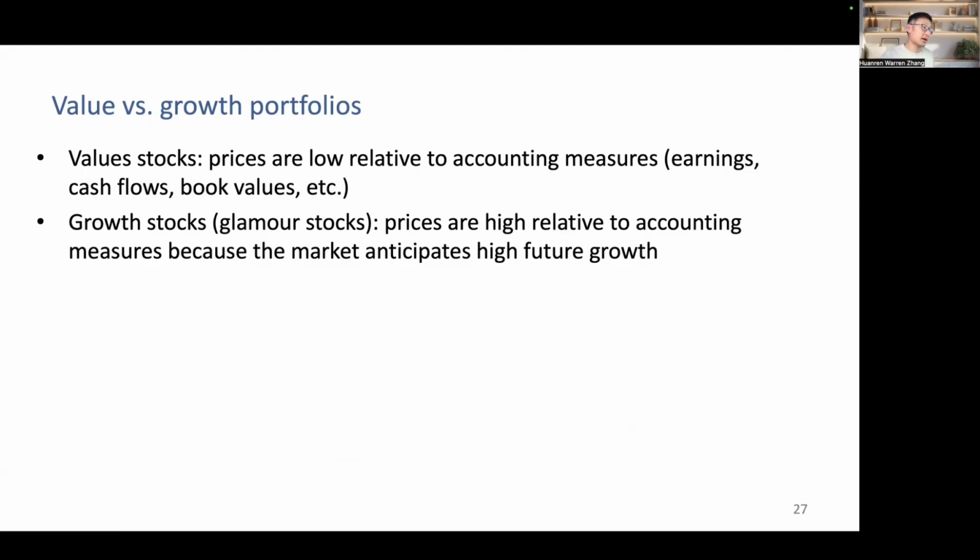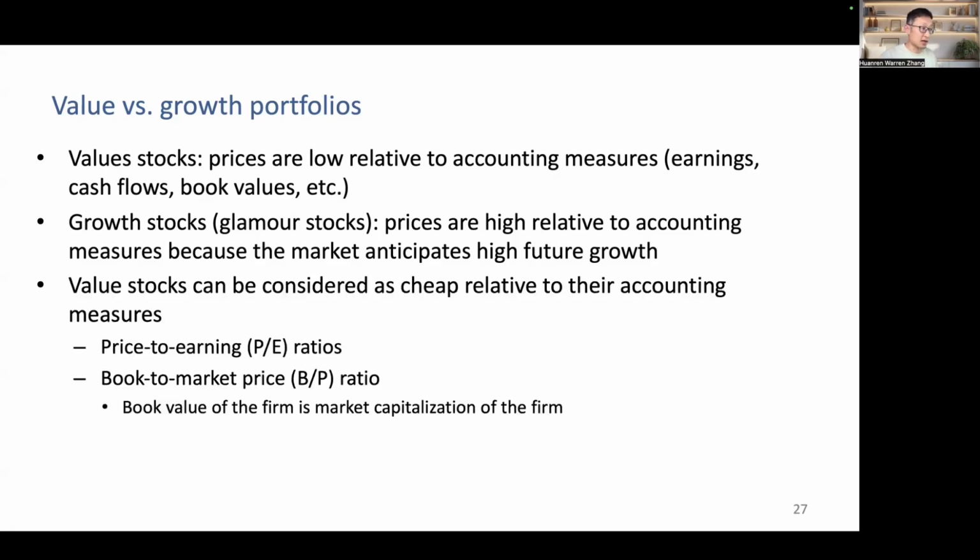On the other hand, growth stocks, also called glamour stocks, are stocks whose price is high relative to accounting measures. Why are the corresponding stocks expensive? It's because the market anticipates high growth in the future, and that's why they're called growth stocks. Value stocks can be considered cheap relative to their accounting measures.